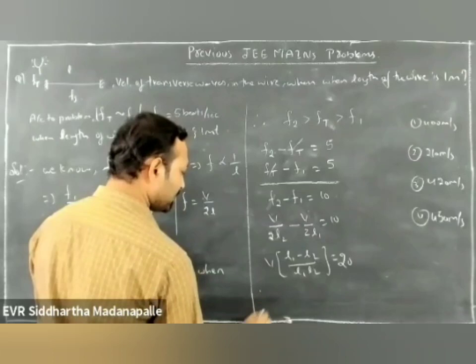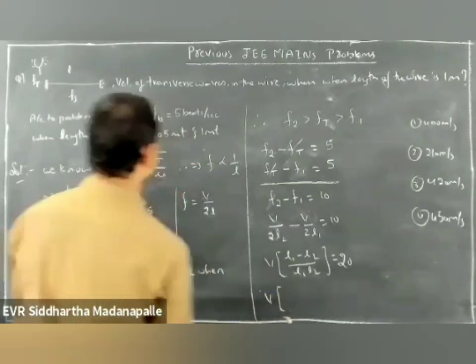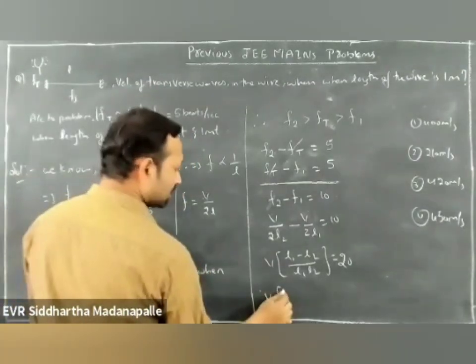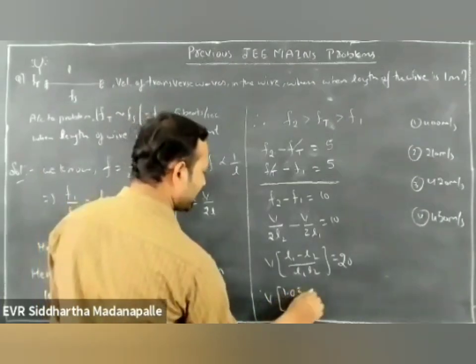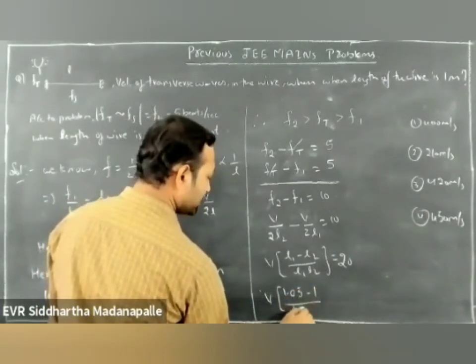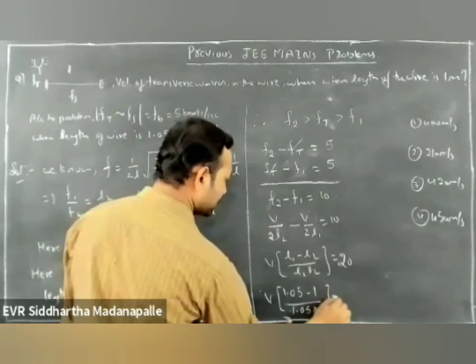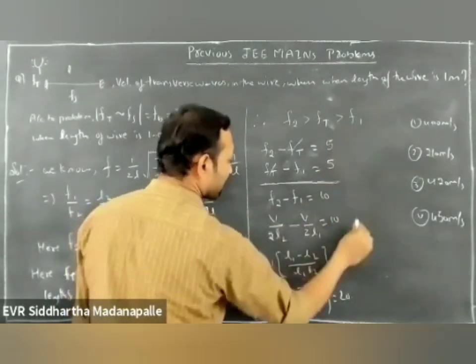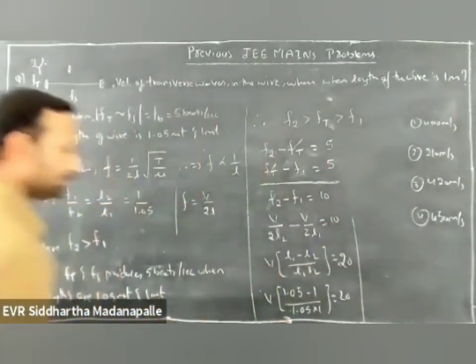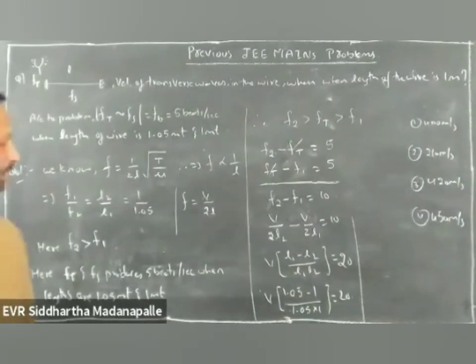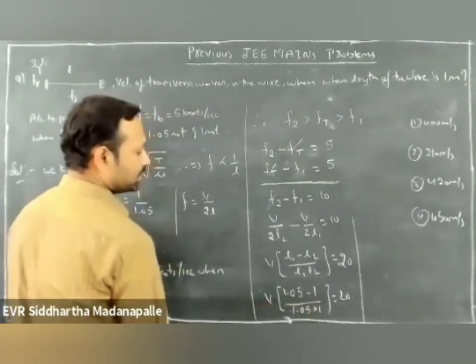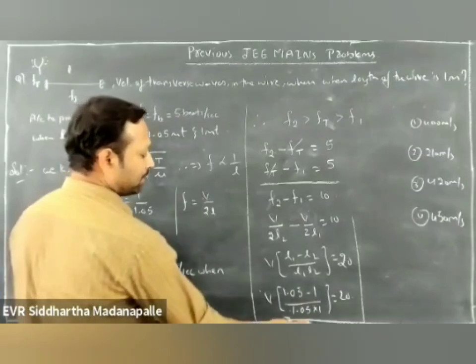Now let us substitute the values here. What is the value of L1? It is 1.05 minus 1 by 1.05 into 1, which is equal to 20. Further calculation: it is equal to 0.05 by 1.05.